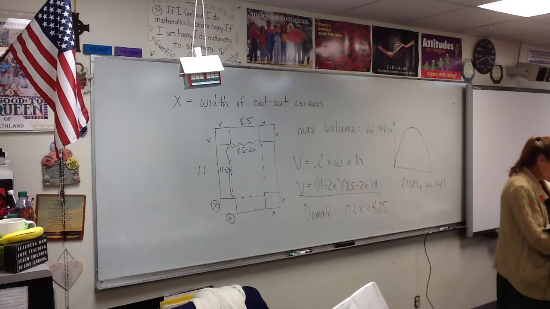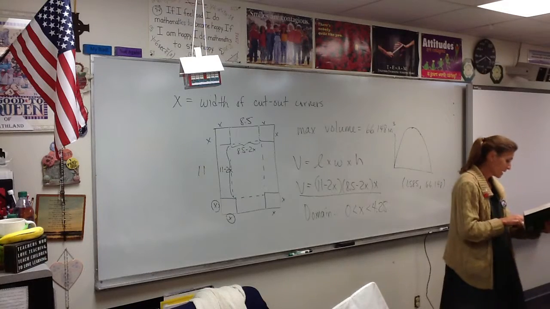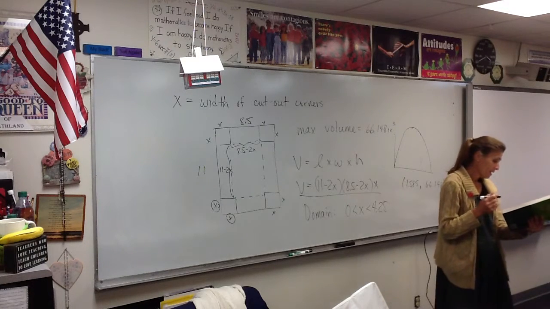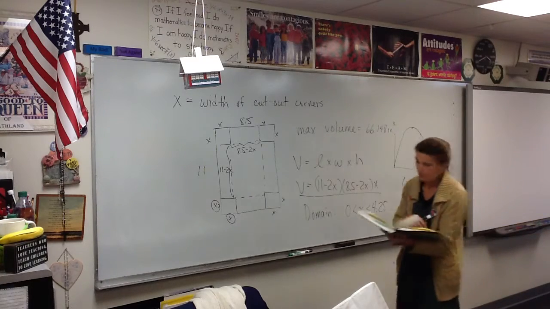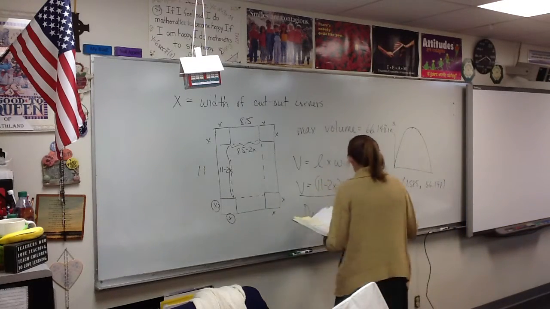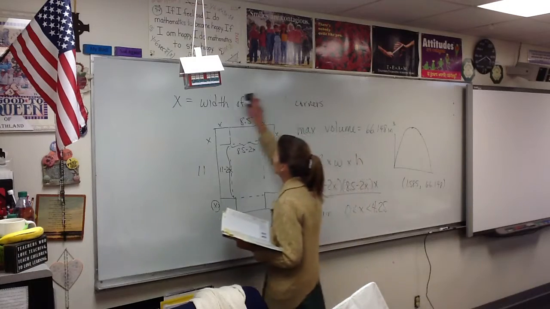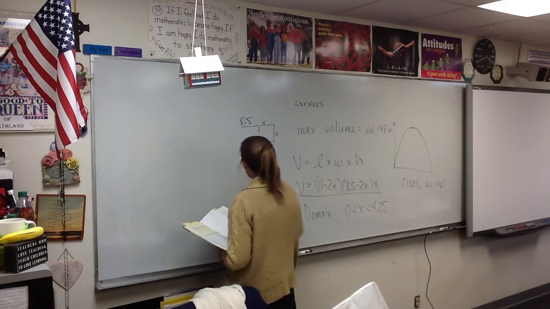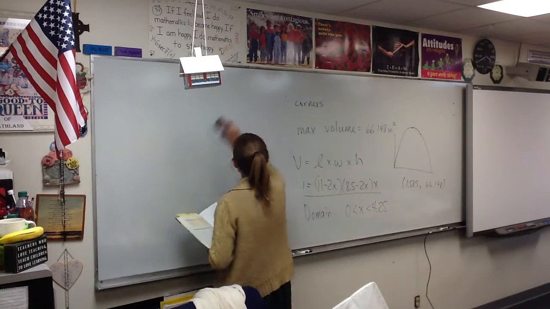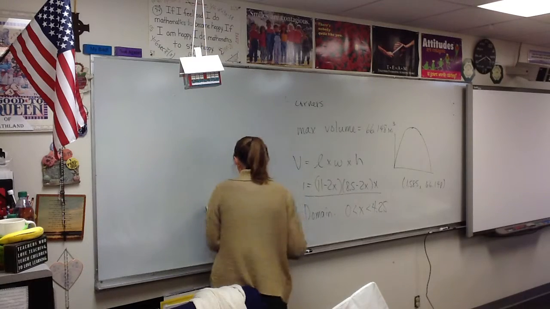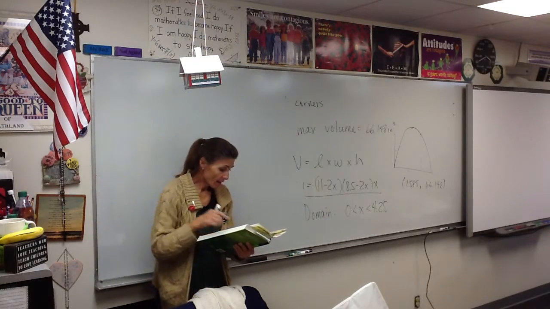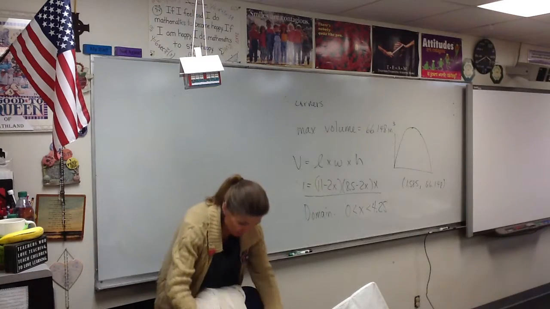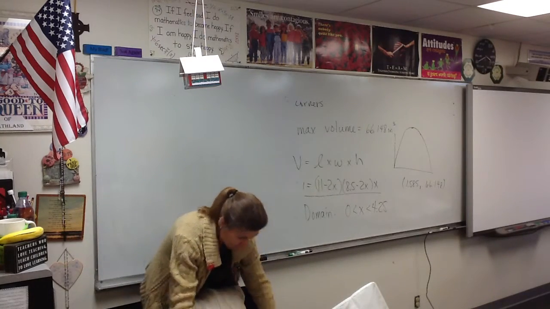All right, now your homework tonight looks like a lot, but I want to show you kind of what's going on. So I'm going to pick number 15. This is one of your homework problems, but I want to show you kind of what you're doing. For number 15, here is the task. The height of a right circular cylinder equals its diameter.